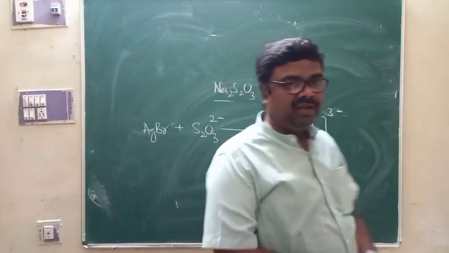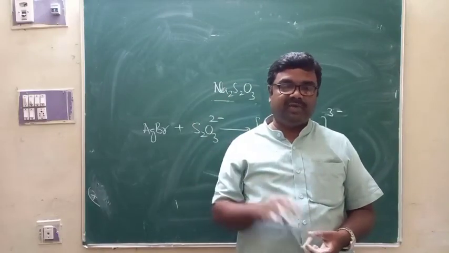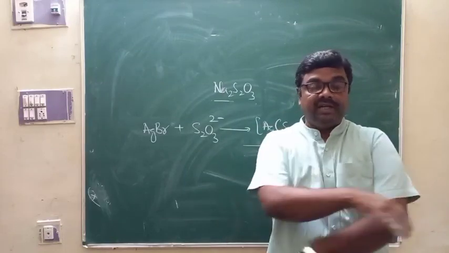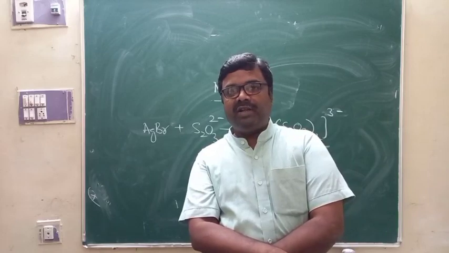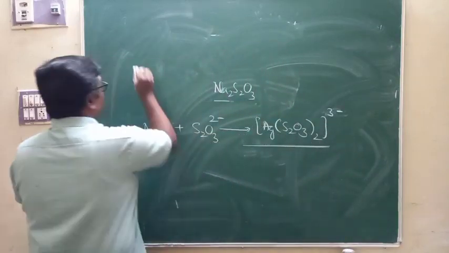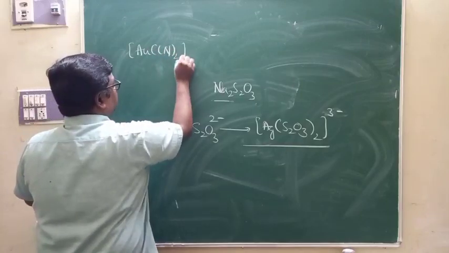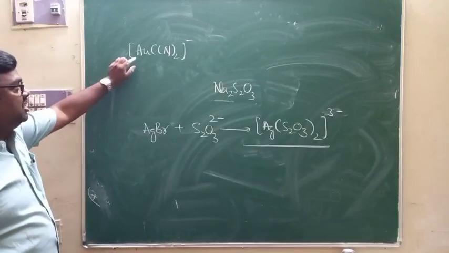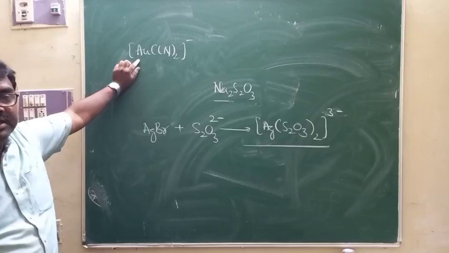Apart from that, in the extraction of gold from its ore, we make use of the chemistry of complexes, where we extract gold by treating gold ore with cyanide solution. Cyanide will form a complex with the gold present in the ore, that is Au(CN)2 minus.